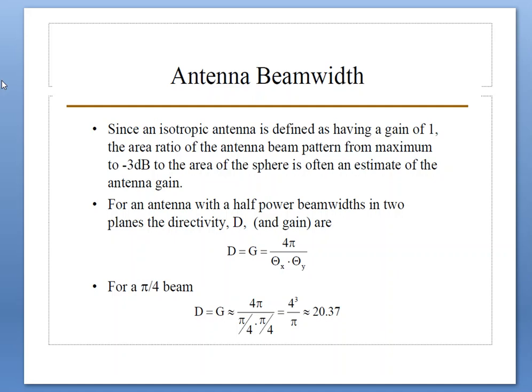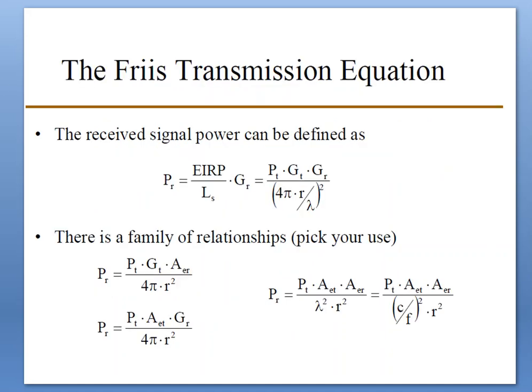Based on all these expressions, we can write the Friis transmission equation, or range equation: the received power is equal to EIRP divided by LS into G, that is equal to PT into GT into GR, whole divided by 4 pi R by lambda whole square.